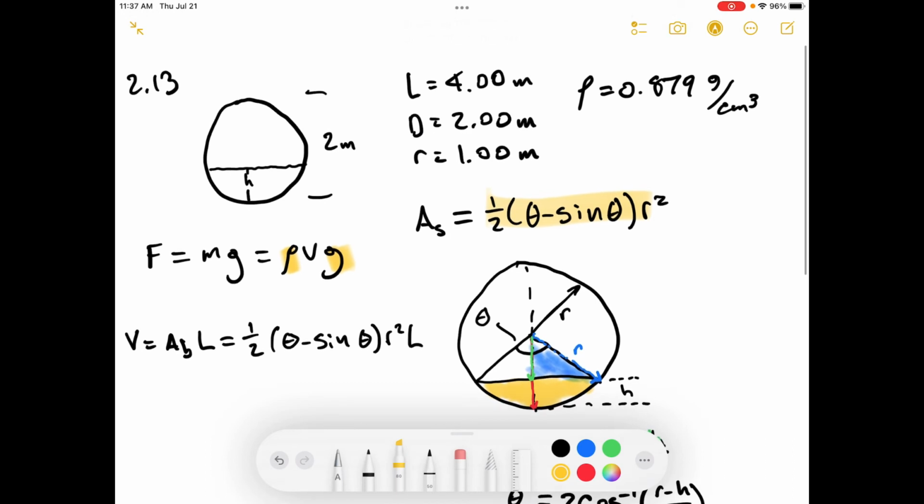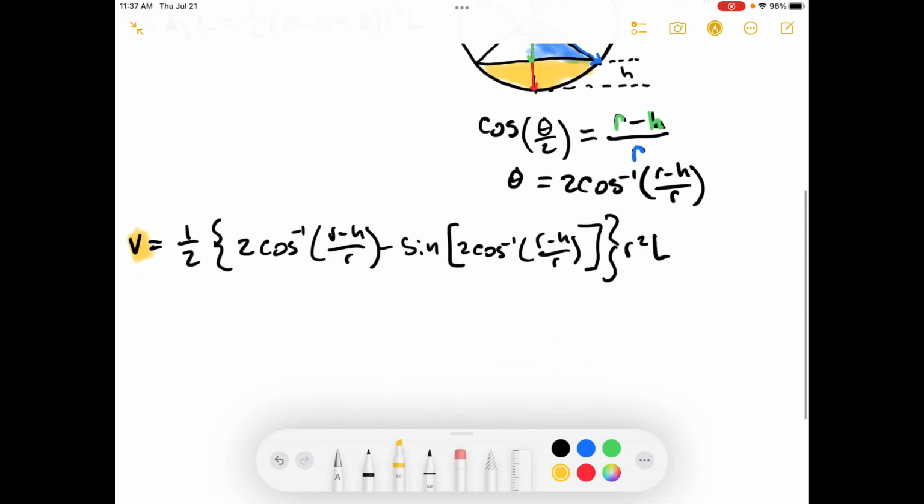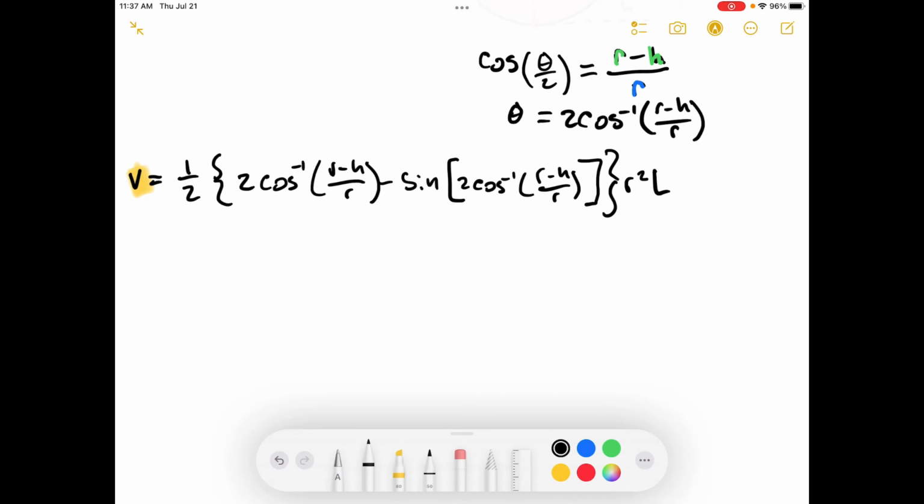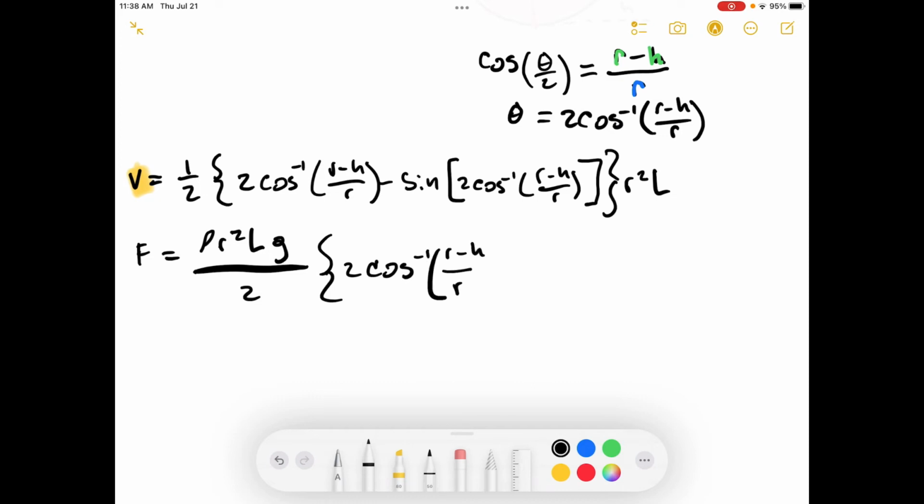Okay, so since we know all of these terms, we can now substitute in our expression for the force. And the force equals rho r squared L g over 2 times [2 cosine inverse of (r minus h) over r, minus sine of 2 cosine inverse of (r minus h) over r], and close all this up.